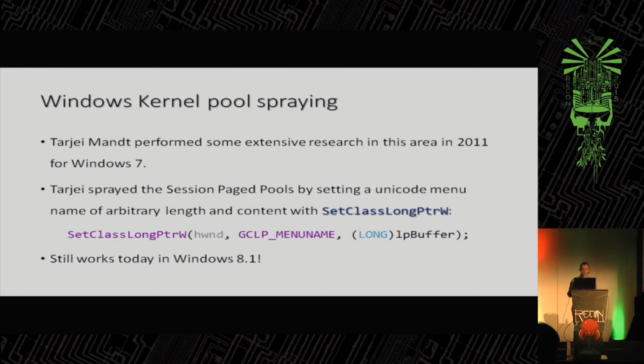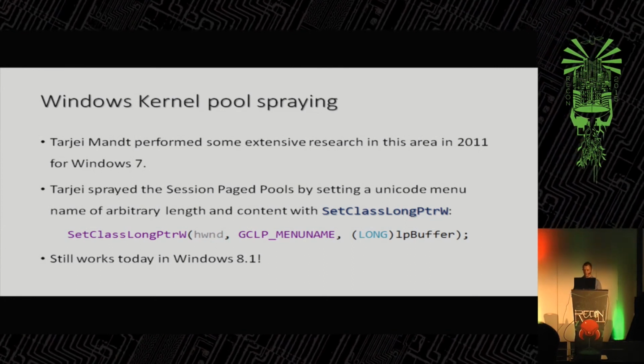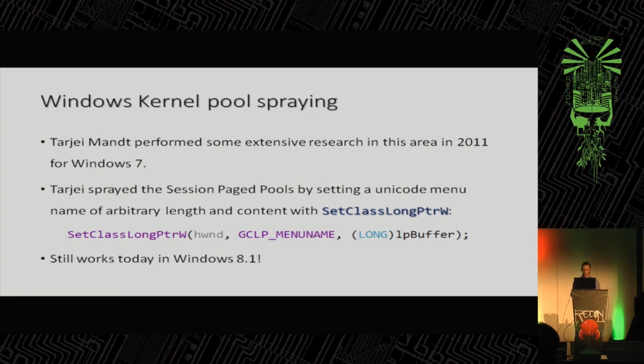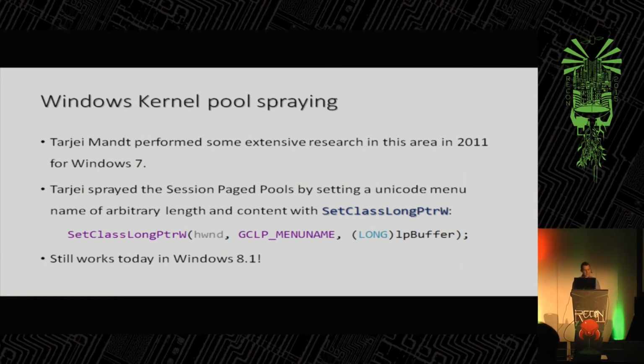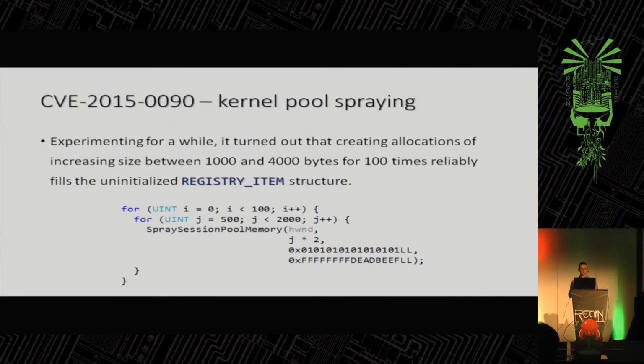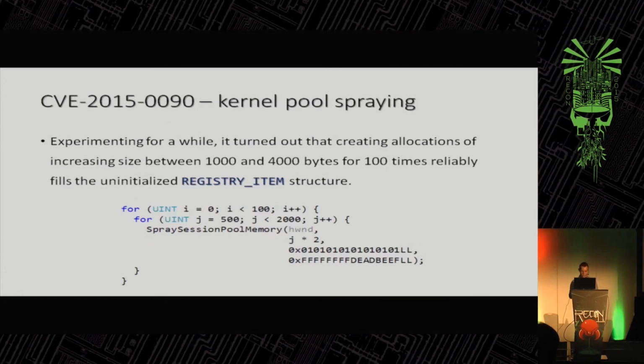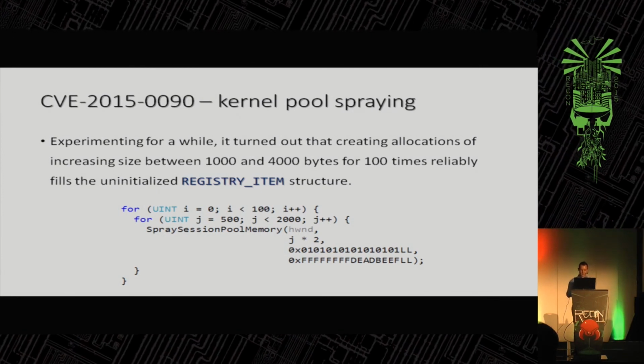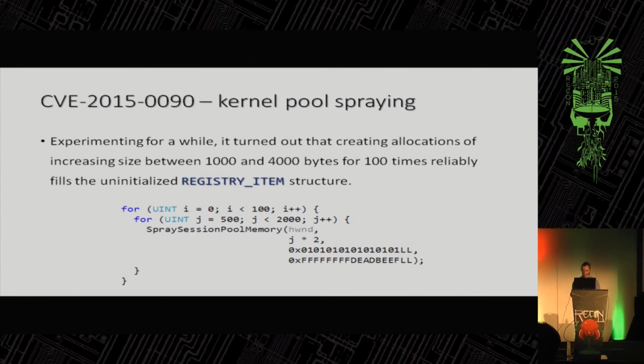This causes Win32k to create an allocation of an arbitrary size and content, which should be a Unicode string. And it still works today in Windows 8.1. So I was experimenting for a little while, trying to see how many calls would suffice to have this memory region sprayed in the right way.